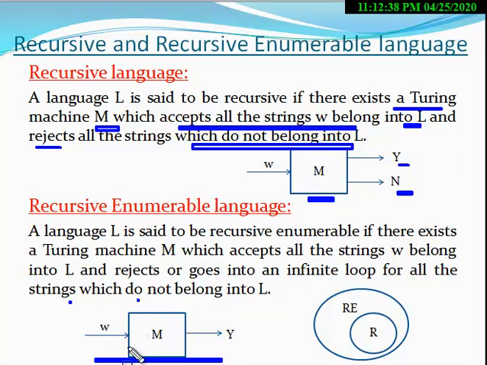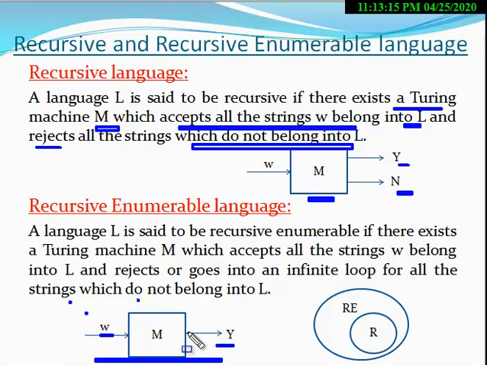The Turing machine corresponding to a recursive enumerable language will look like this. Right? So here, in this type of Turing machine, when you pass the input string W, if W belongs to L, then the answer will be yes. But if W does not belong to L, then in this situation the answer of the machine does not exist. There is no answer from the machine.